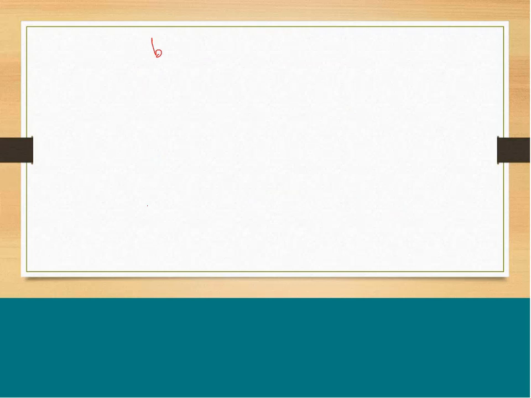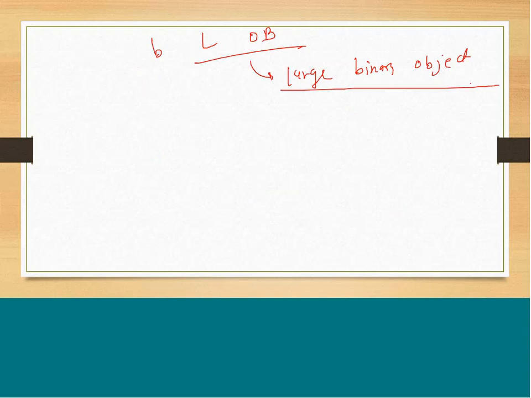LOB represents large object. So BLOB is nothing but a binary locator. You don't need to remember it, it's not so important. I'm just covering this topic for the sake of your knowledge.